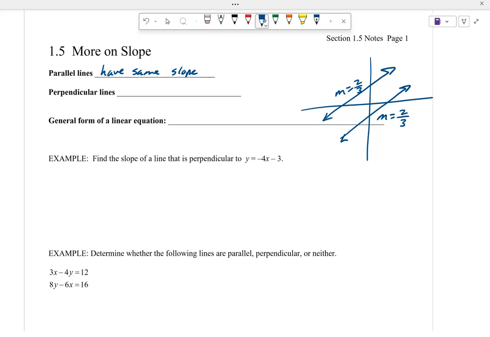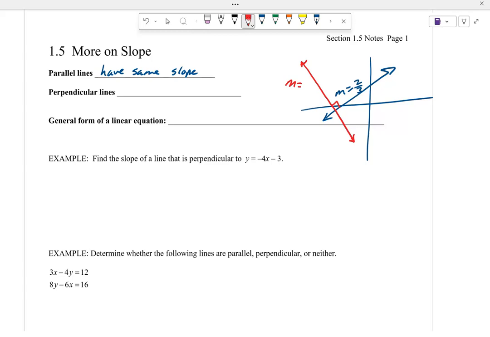a slope of 2/3. Whereas for perpendicular lines, let me draw a perpendicular line to this first one, how about in red? Perpendicular lines create that 90-degree angle, and the slope of the red line would be the opposite reciprocal.